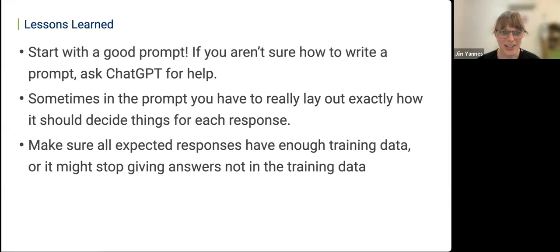The other thing to take into account is you sometimes need to give it very specific instruction. And again, that idea came from ChatGPT. It was like, tell it how to answer, tell it what no means, tell it what yes means.